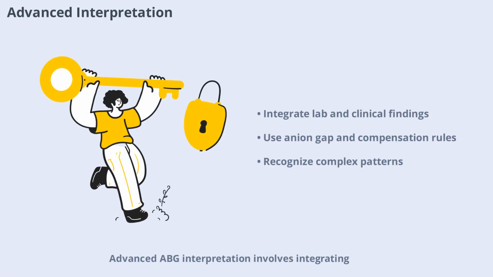Advanced ABG interpretation involves integrating laboratory values with clinical findings using the anion gap, compensation rules, and oxygen dissociation curve. Recognize complex patterns and triple disorders, and always consider the rate of change in ABG values. This approach ensures accurate diagnosis and effective management.